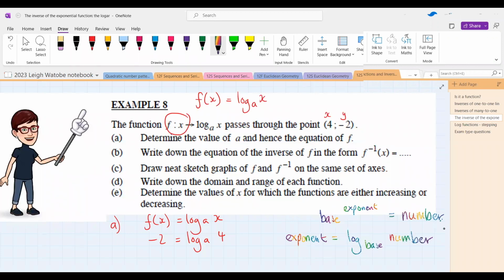Very, very important for you. So what we are looking at now is this. This is our exponent. The log of our base gives us this number. Now I have identified that a is our base. The exponent is -2. Our number is 4.